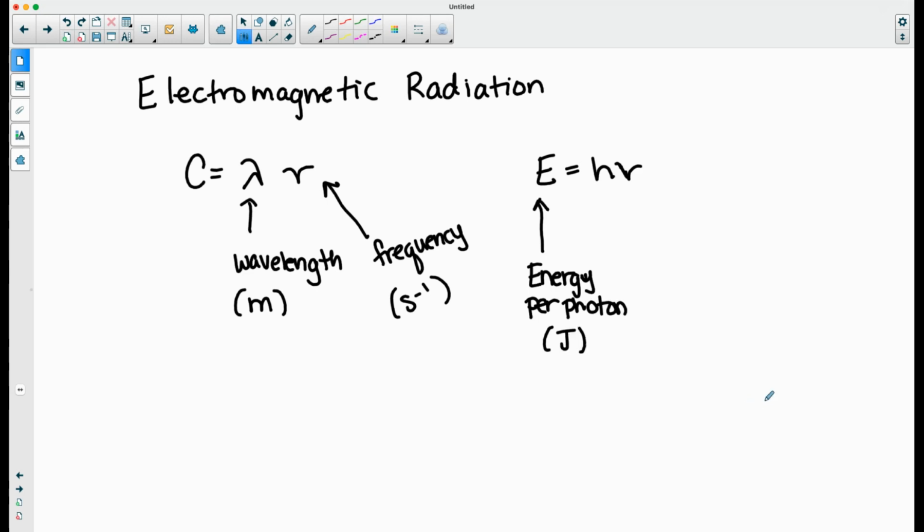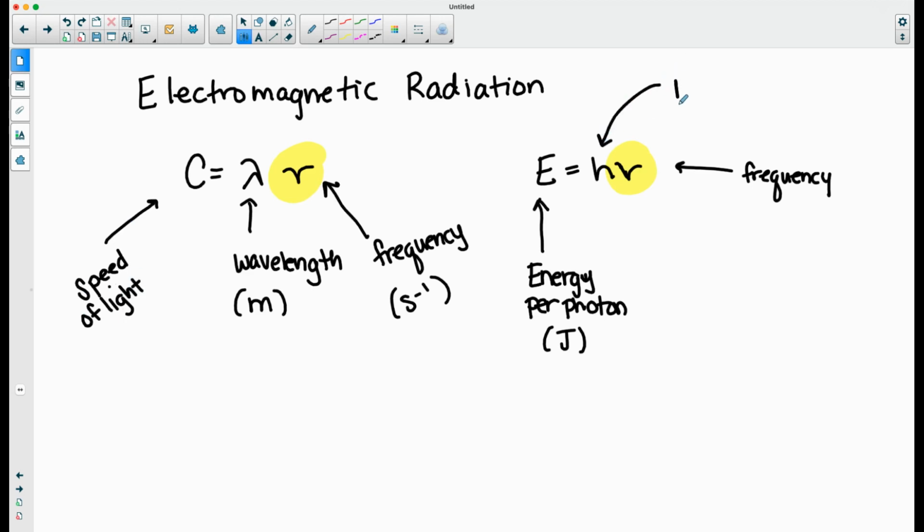Photons are what are given off or taken in when we're talking about releasing or absorbing the energy associated with light or electromagnetic radiation. And these formulas work very well together in concert with each other because they each have frequency in them, which we abbreviate as the Greek letter nu. c stands for the speed of light, and h is Planck's constant.